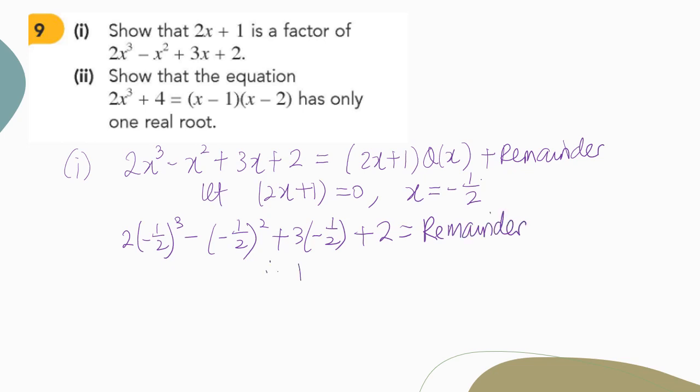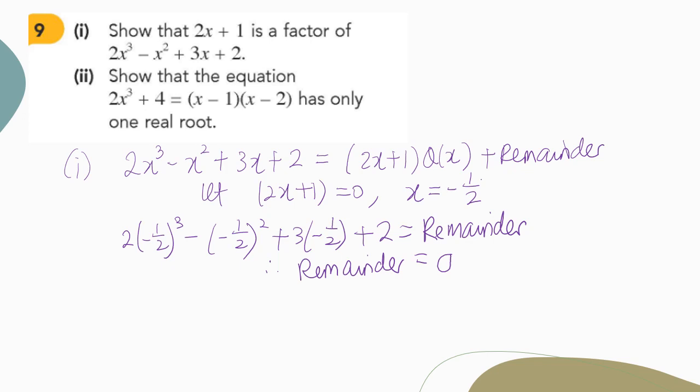Right, so therefore the remainder, just use your calculator to evaluate all the numbers on the left hand side. Right, you will have, if you use a calculator correctly, you should get 0.